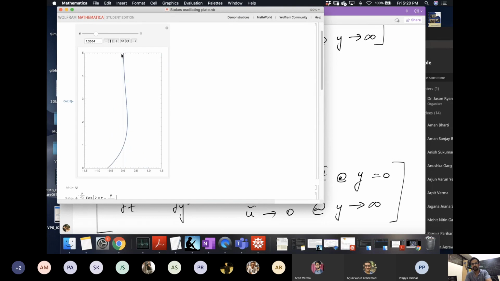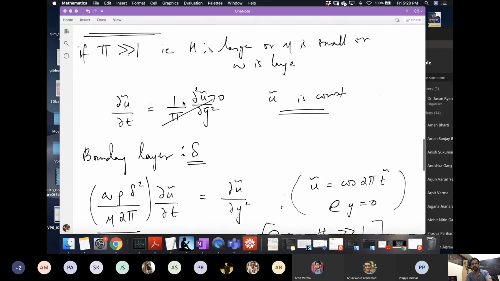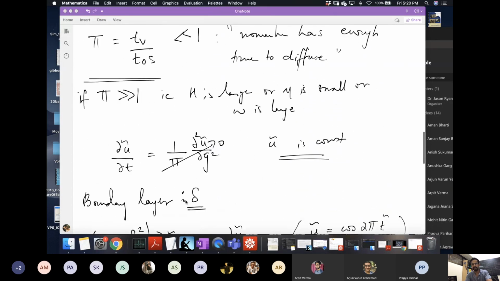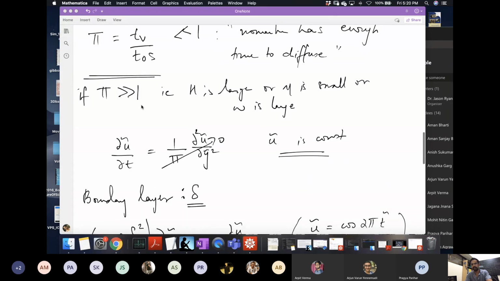You see the velocity is hardly oscillating. It's basically equal to 0, unmoving, which is what we had got as a prediction right here when we said if pi is much greater than 1, so the height is large, then the velocity is 0 everywhere, or it's a constant and it's 0. That's just because we were looking at the bulk.